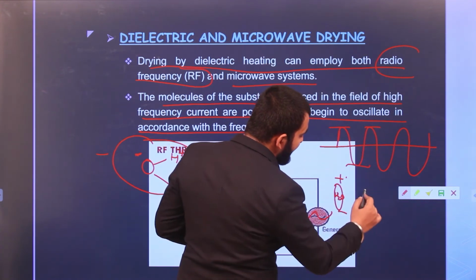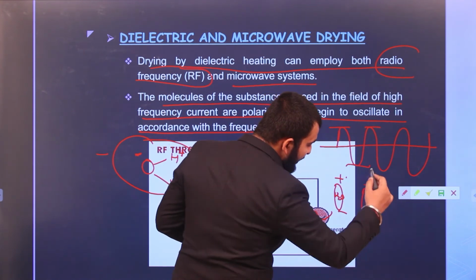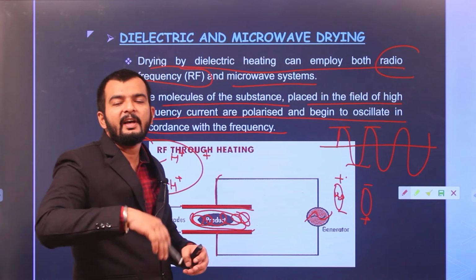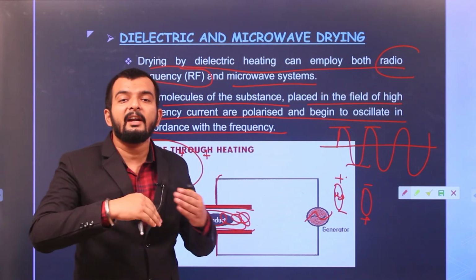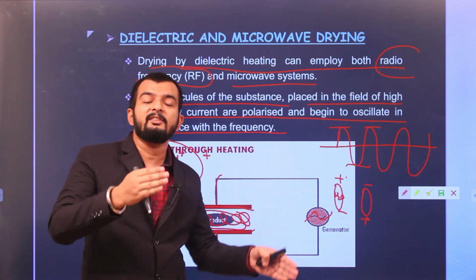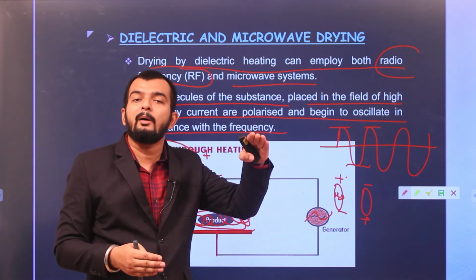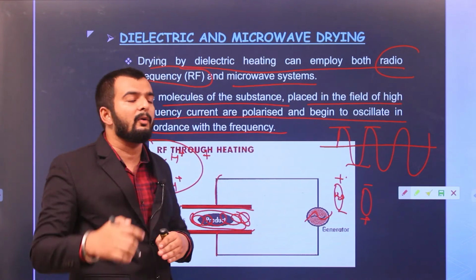Again, as the polarity changes, it will be negative here, so the molecule reorients itself and changes its direction. In doing so, the water molecule vibrates at a very high frequency. Sometimes oxygen is coming up and hydrogen is going down, then hydrogen is coming up and oxygen is going down.